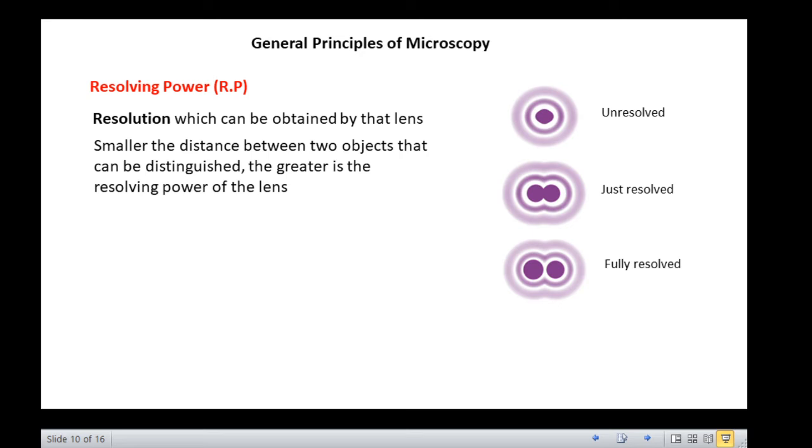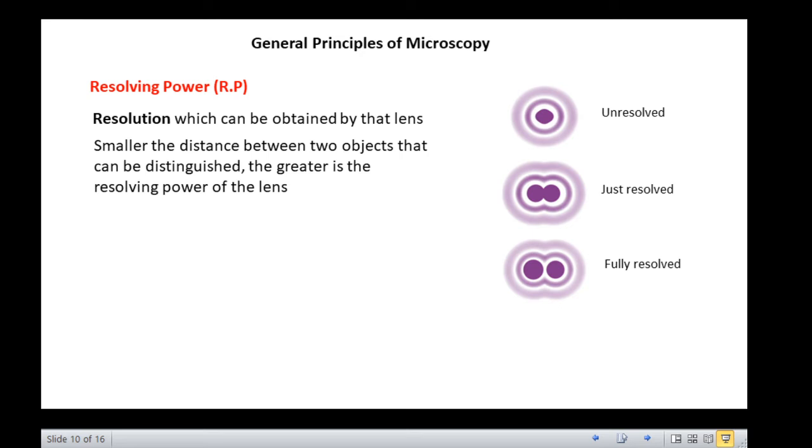If two dots are placed less than 0.25 millimeter apart, human eye cannot perceive them as two distinct dots but as a single blurred dot. This tells us that human eye has a resolving power of 0.25 millimeters.